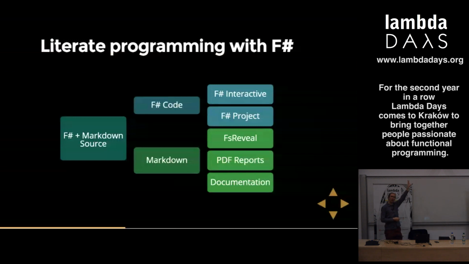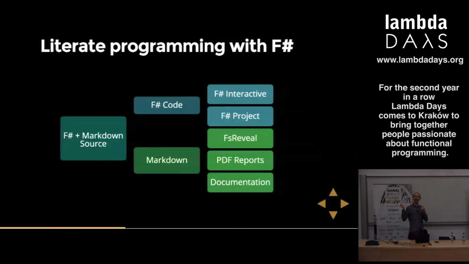Or we can look at the Markdown parts of this, and in Markdown, we can do a couple of things with it. One is this recent project called FSReveal, which lets you generate slides from literate FSharp programs. So this slide is actually written in FSharp, and it's generated, and it's using reveal.js to show the slides.